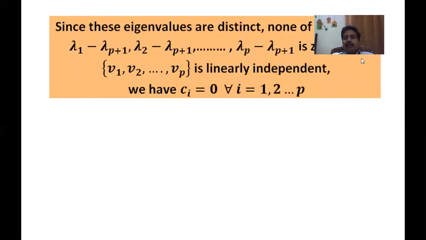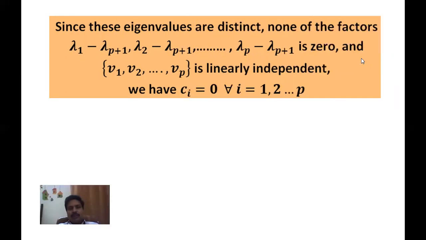Since these eigenvalues are all distinct, that is the crucial point of this statement. It is given that all the eigenvalues are distinct, so none of the factors in the above equation, lambda 1 minus lambda (p+1), lambda 2 minus lambda (p+1) and so on, lambda p minus lambda (p+1), are 0.